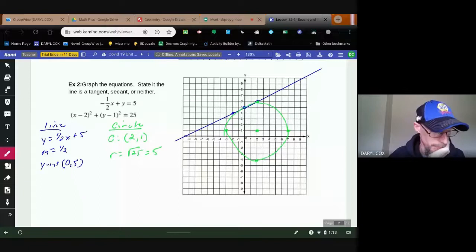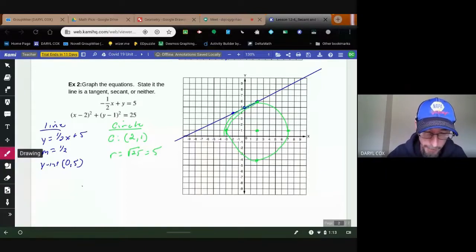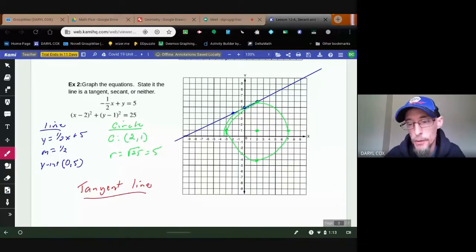So when I do that, it's a little hard to see whether it's a secant or a tangent or anything like this. If I were better at drawing a circle, we'd see that really this is just a tangent line. Okay, it only touches one time.